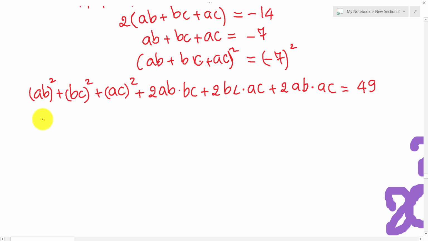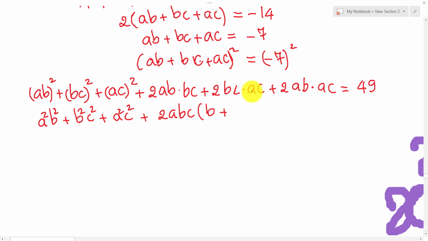And then this equals a square b square plus b square c square plus a square c square plus, if we take 2abc out, we get 2abc multiply (b plus c plus a) equal 49.